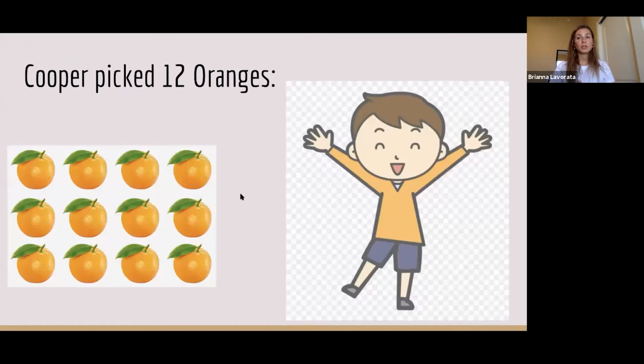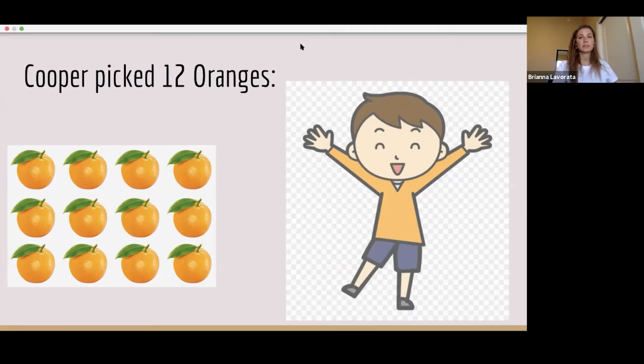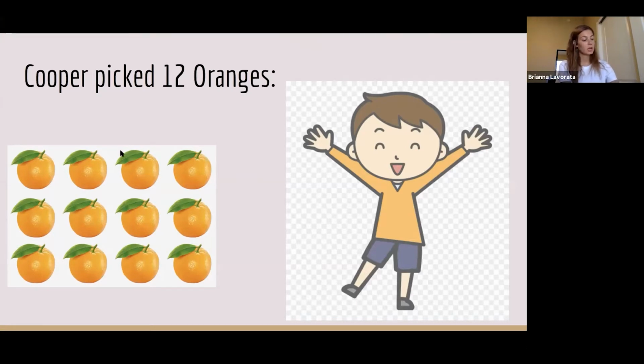So I want you guys to draw, if you have an orange crayon, go ahead and pull that out. I want you to draw 12 oranges. Okay, so 1, 2, just like this, just like our picture here. 3, 4, 5, 6, just like how I'm drawing this. 7, 8, 9, 10, 11, 12.